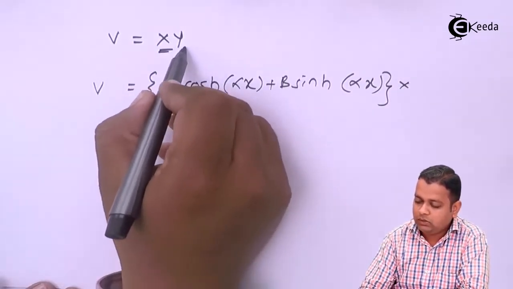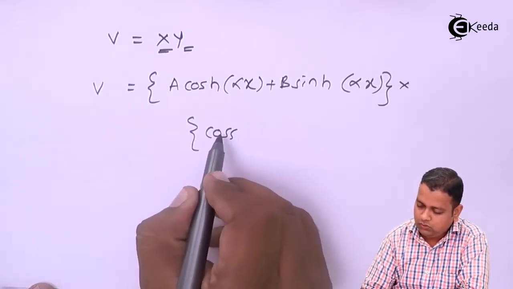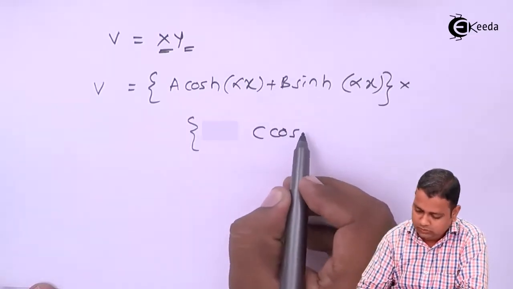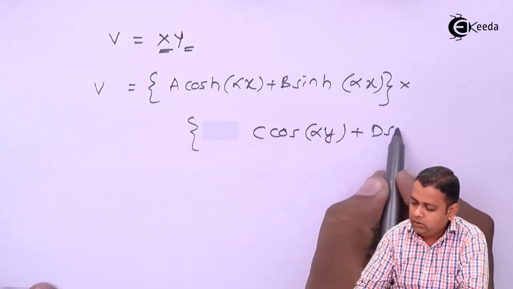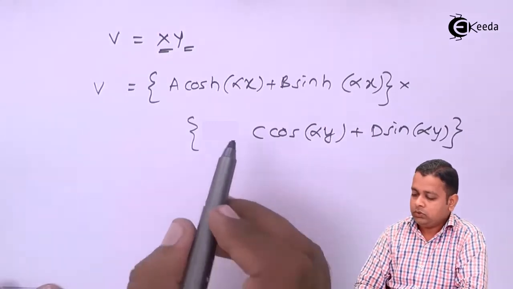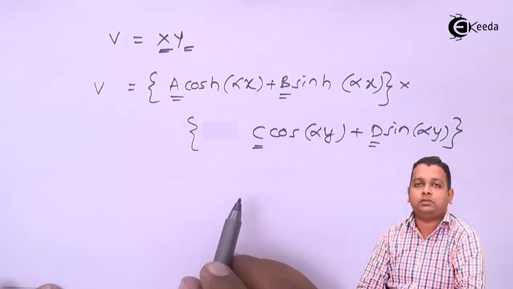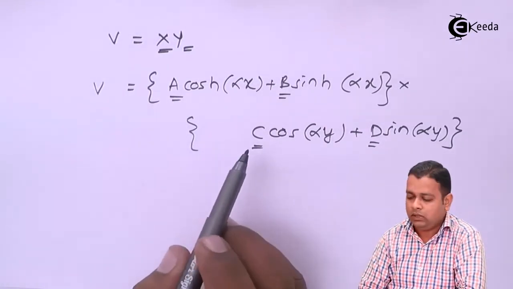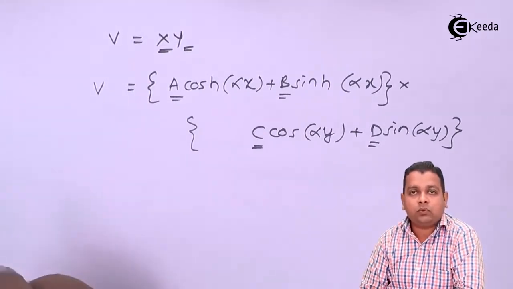So this is x, and the y will be C cos alpha y plus D sin alpha y. So here capital A, capital B, capital C and capital D are the constants. When we know the values of A, B, C, D, our solution of capital V, or the Laplace equation, will be completed.